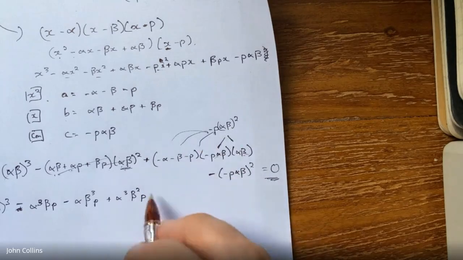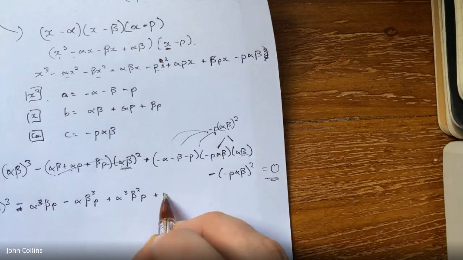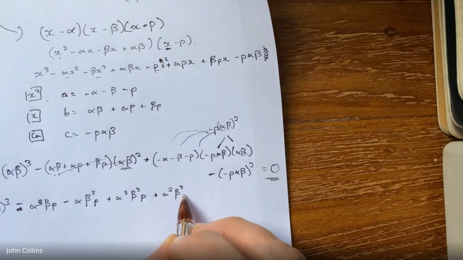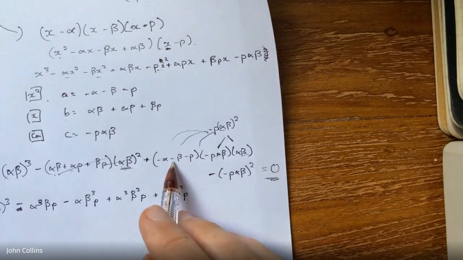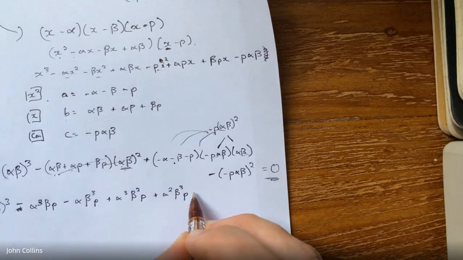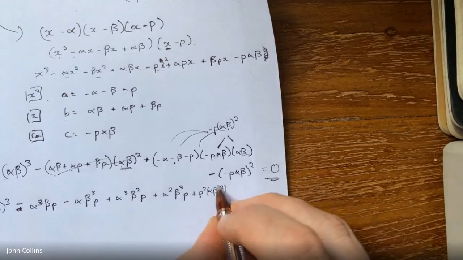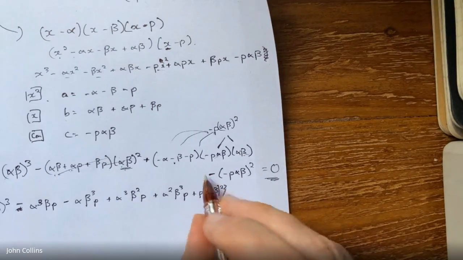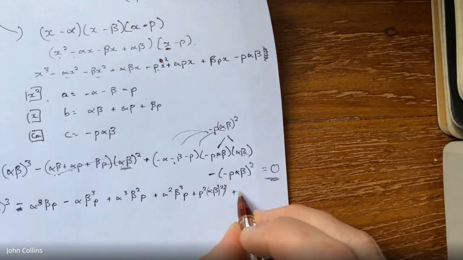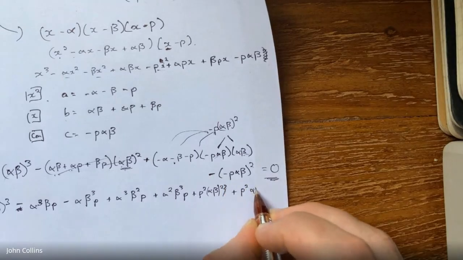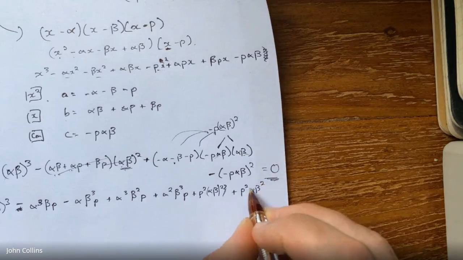I get plus alpha squared beta cubed p. I get plus p squared alpha beta squared. But then brackets have to be in brackets, sorry, like that. And then I have plus p squared alpha beta squared here.